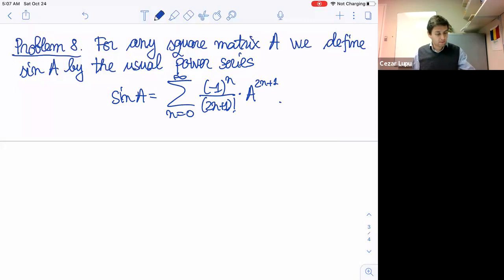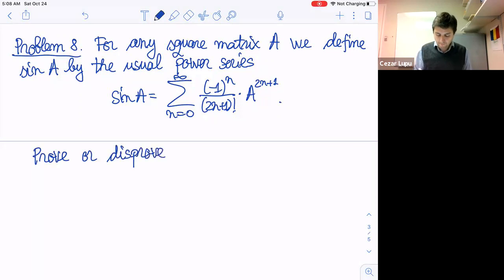And now the problem asks us to prove or disprove the following.